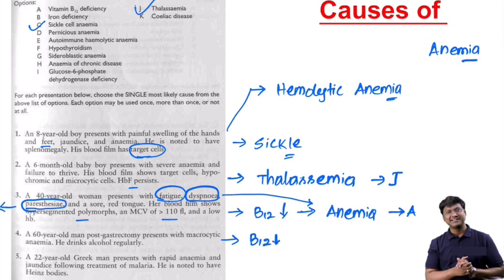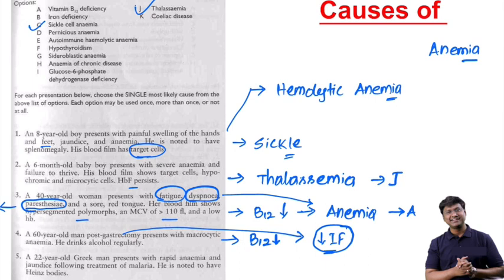Because once the individual has undergone gastrectomy, the parietal cells might have been taken off. Because the parietal cells have been taken off, that will cause the deficiency of the intrinsic factor. So because of the deficiency of the intrinsic factor, the vitamin B12 from the stomach cannot be carried up to the level of the ileum.